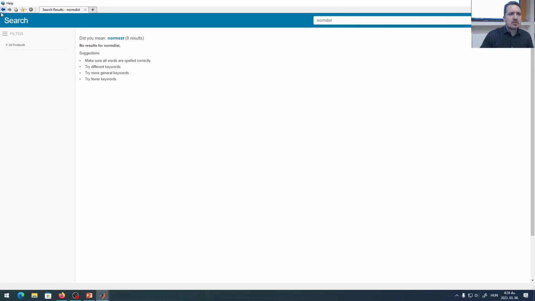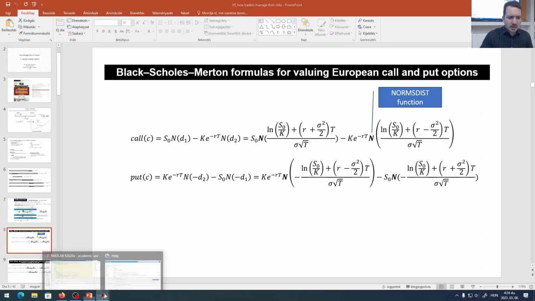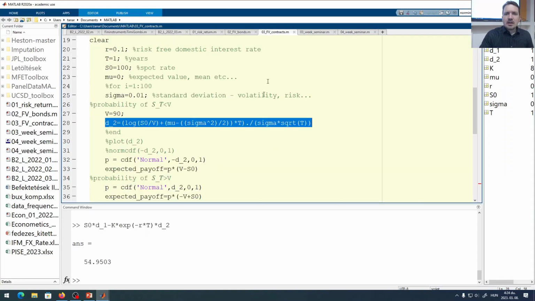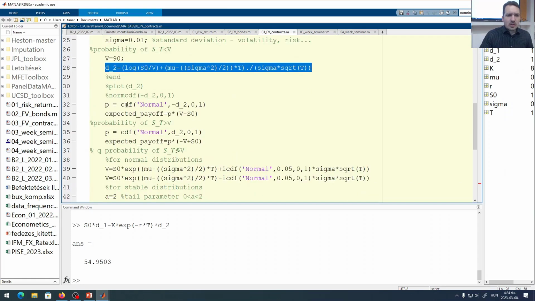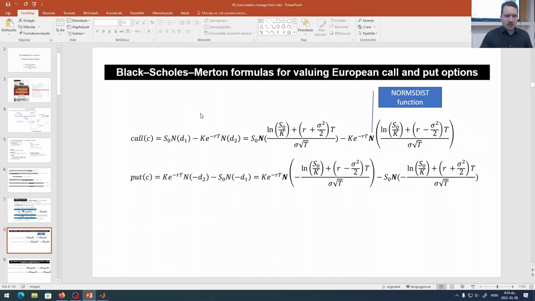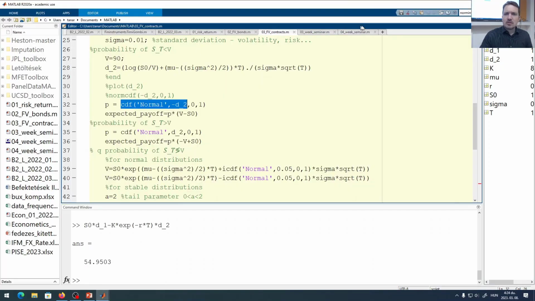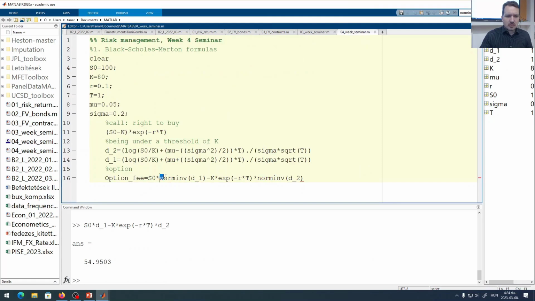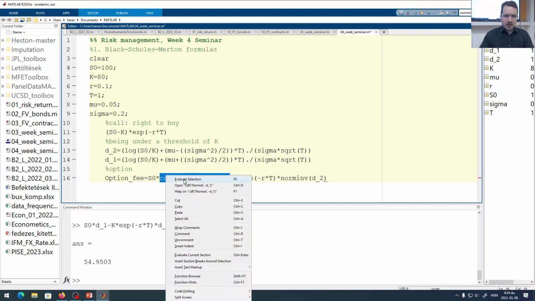No. Last week we used it, so let's go back to, yeah, CDF normal. Okay. Do we need to calibrate that one or not? One. Can you run without any?